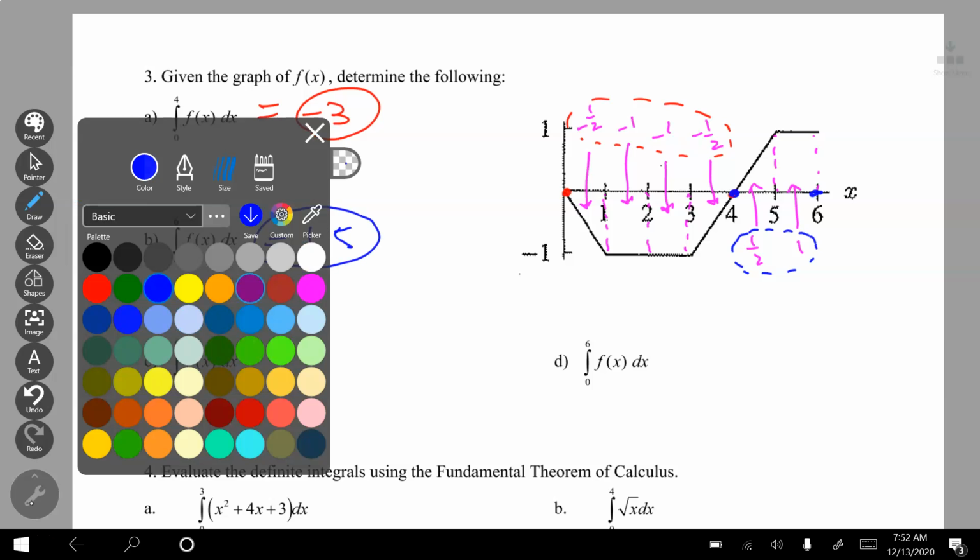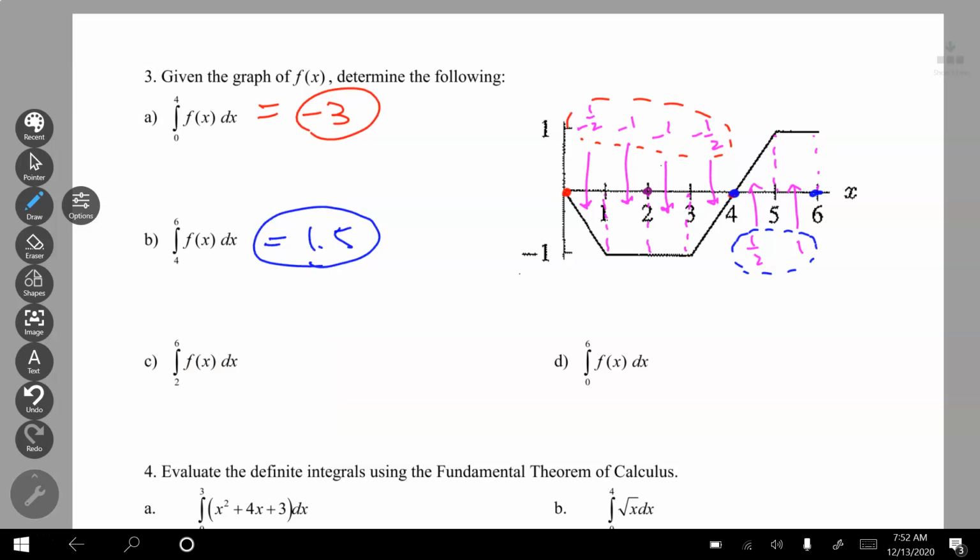When I want to go from 2 to 6, I'm adding up these and these. And if I notice, they basically all cancel. I get my area is 0 because I get negative 1.5 negative area and plus 1.5 positive area.